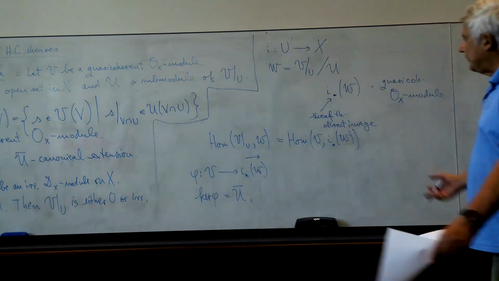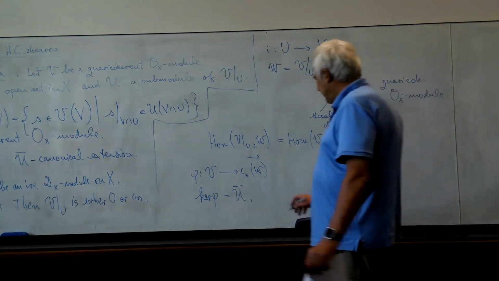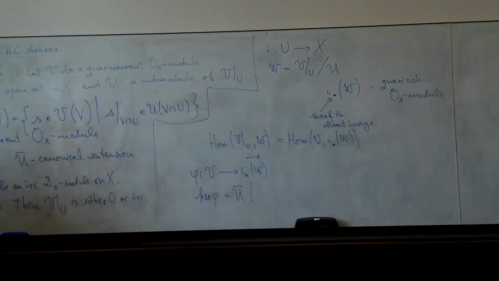So since quasi-coherent O_X modules form an abelian category, we know that U bar is quasi-coherent.